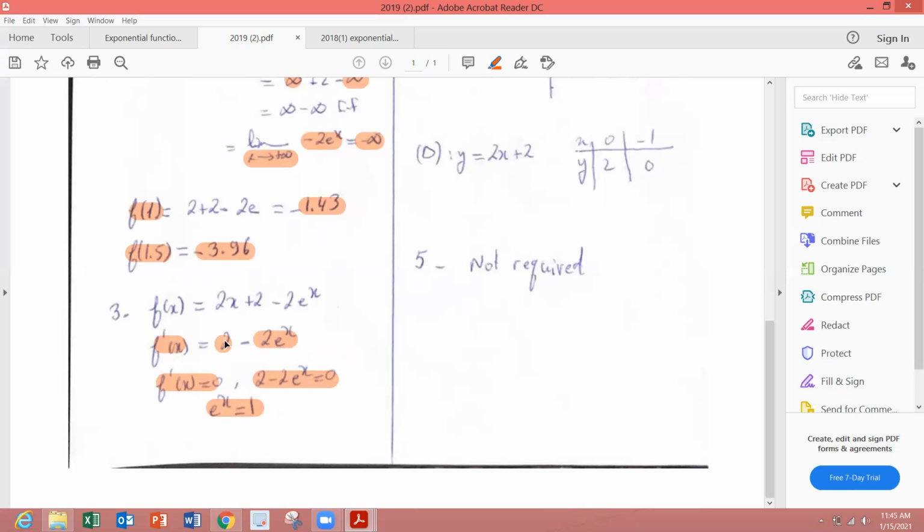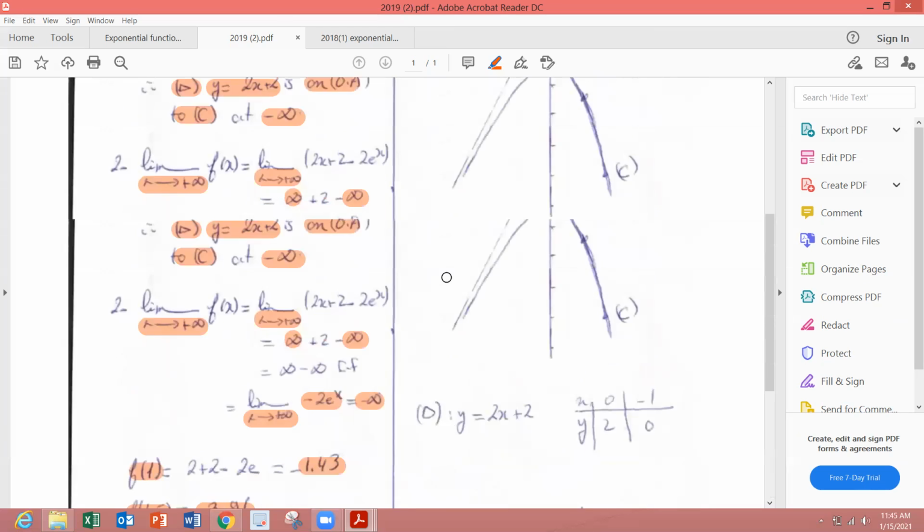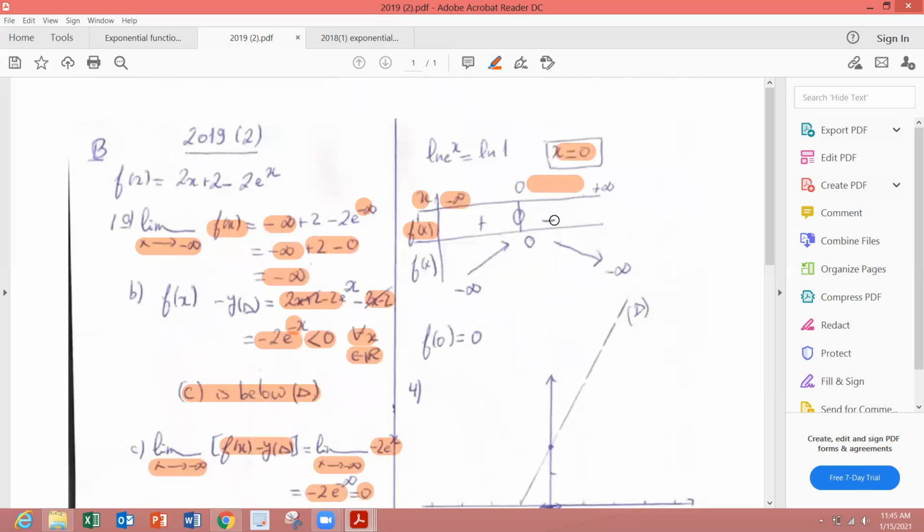F prime of 1 will be 2 minus 2e, which is negative. So here negative, here positive. Positive means increasing, negative means decreasing.